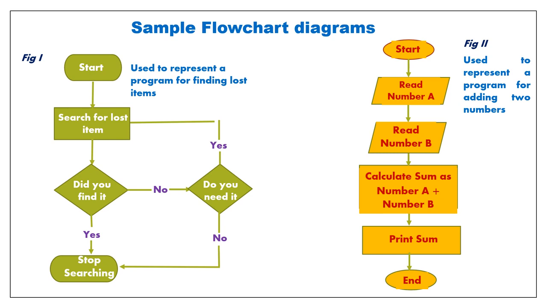And then when we are done with the output of printing sum, we'll now get to end. You may try to write program codes to search for lost item using the flowchart symbols displayed, and also try to write a program to add two numbers using the segments in the flowchart represented here.